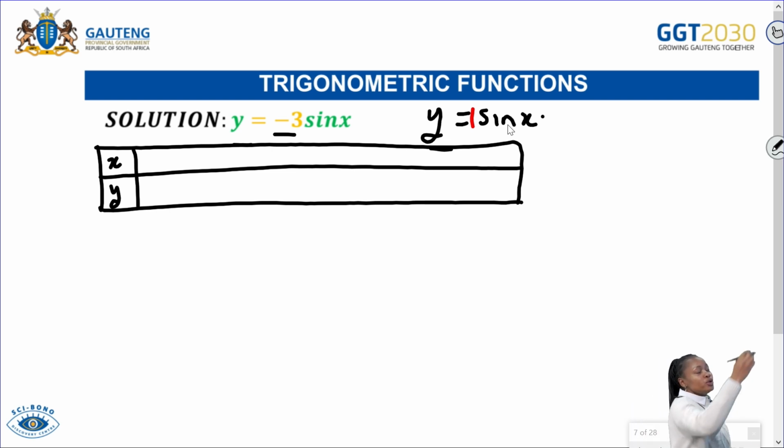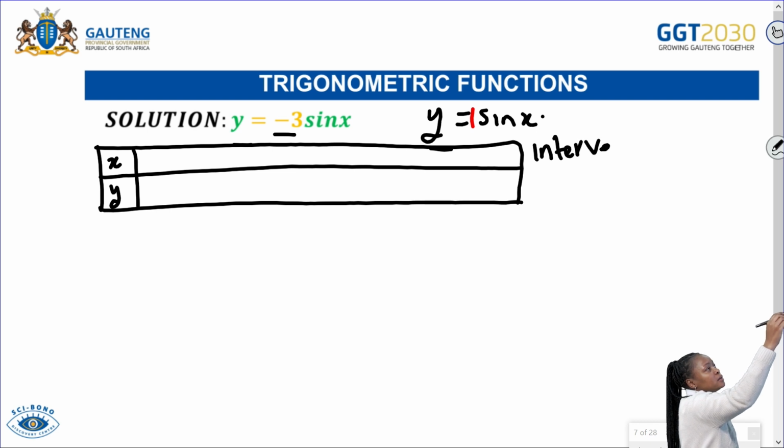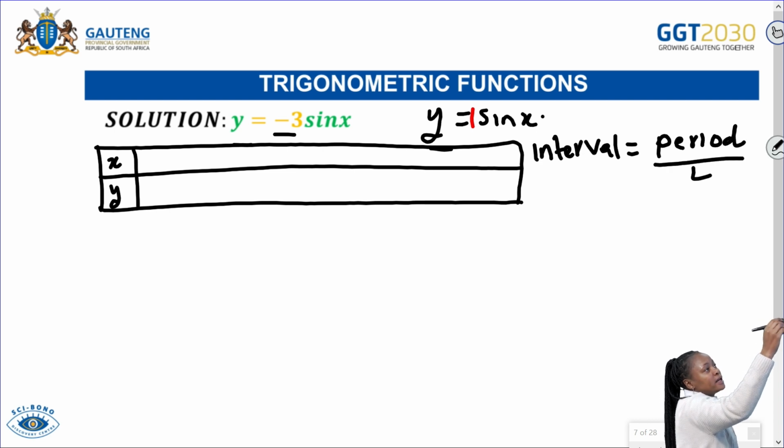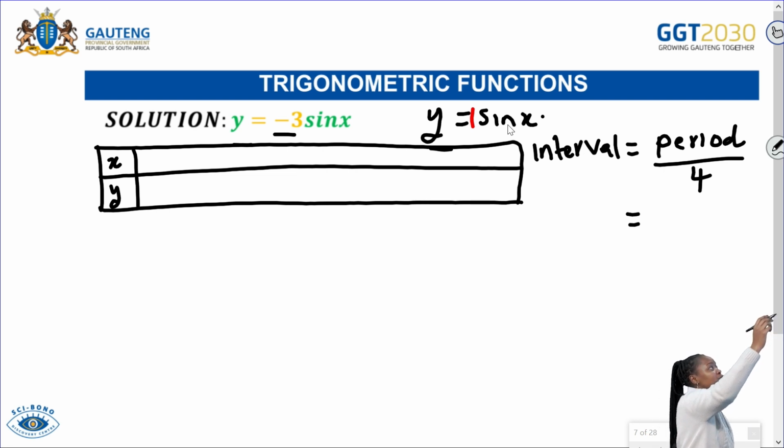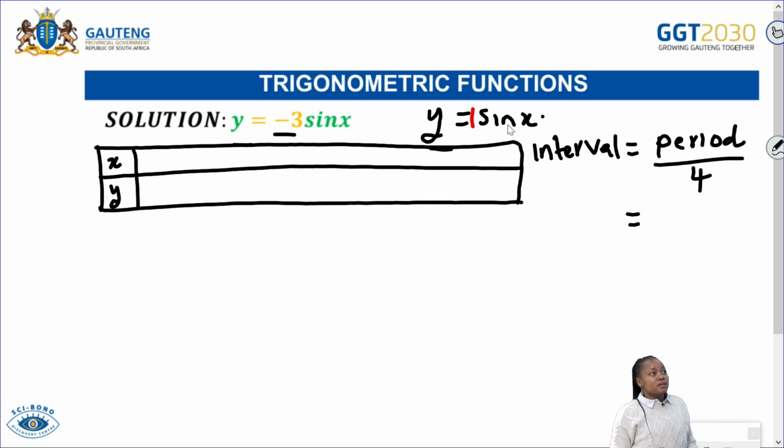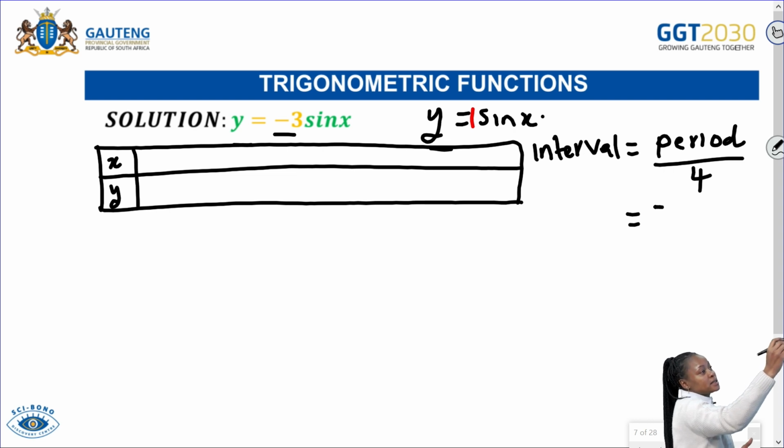So what you do, you'll say interval is equal to your period divided by 4. I'm sure you already know this from the previous lesson. The period of your graph, of sine x, cos x, is given as 360 degrees.